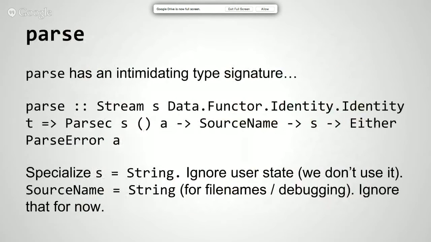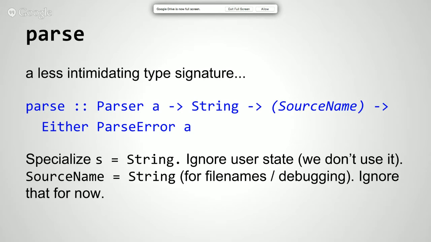Before I do that, there's the function parse. That's how you use a parser, and that's an intimidating type signature. So let's simplify it by specializing S to string. That allows us to take out that multi-parameter type class. And then source name is just a string. The source name is like the file that it's parsing, so if there's an error, that becomes relevant.